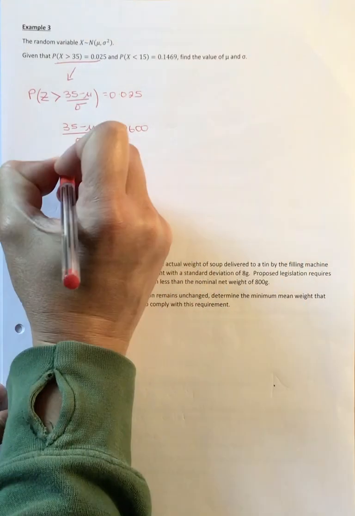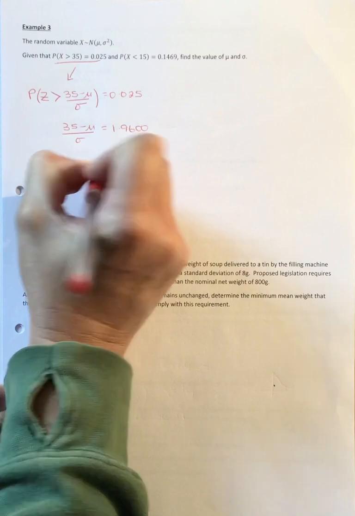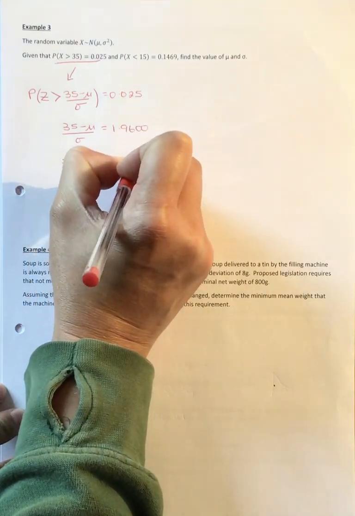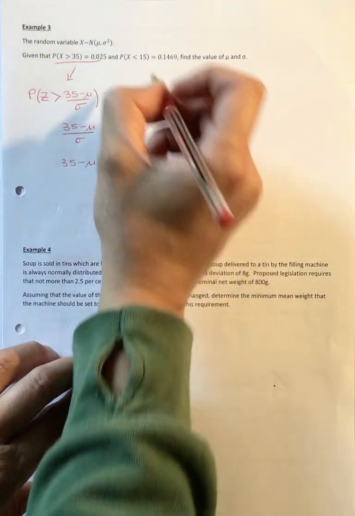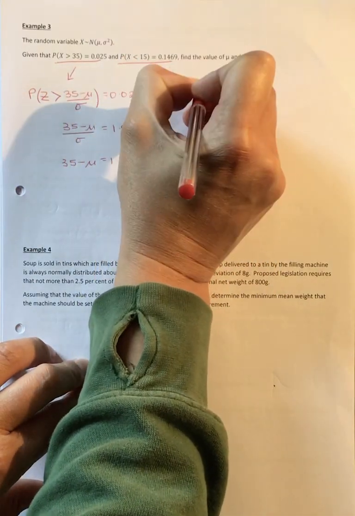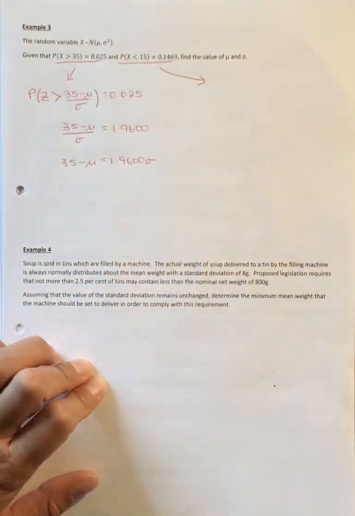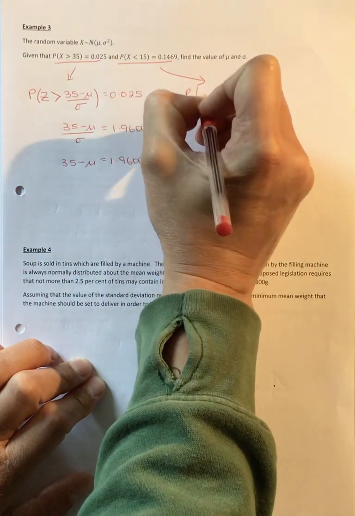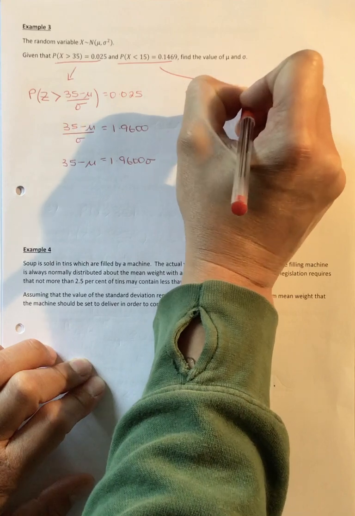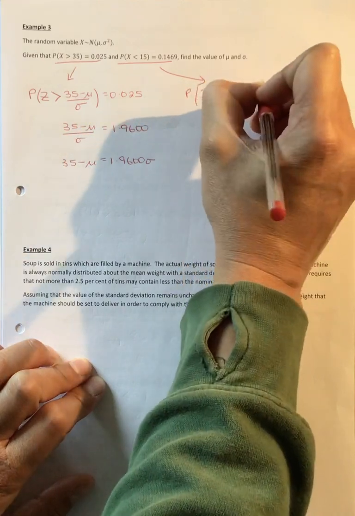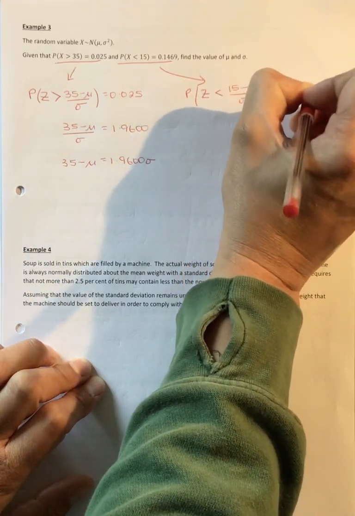And I'm just going to rearrange that equation by multiplying through by sigma to make it a bit more linear. Right, the second fact we have, the probability that x is less than 15 is 0.1469. So let's standardise that. So that's the probability that z is less than 15 minus mu over sigma is 0.1469.